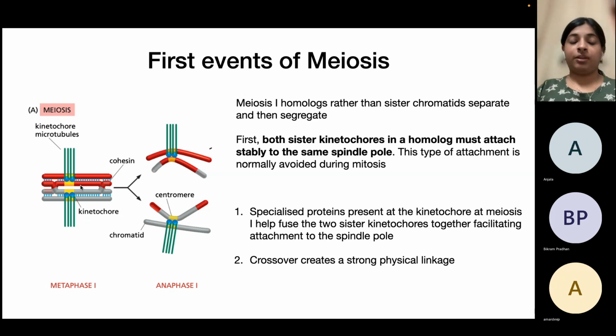There is a complex that is being formed. This complex holds the homologs together, and this strong linkage first helps them associate as a pair at the cell equator, and then also helps them separate into two different cells later on in anaphase 1.